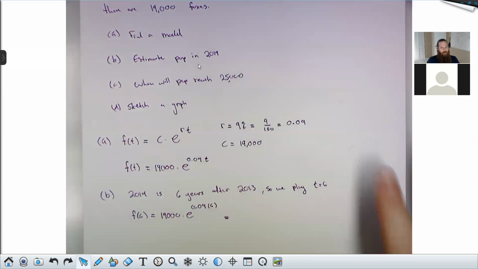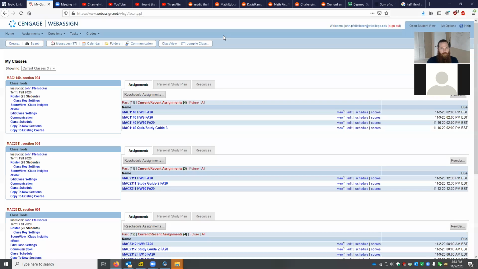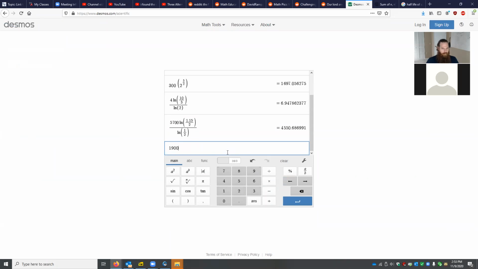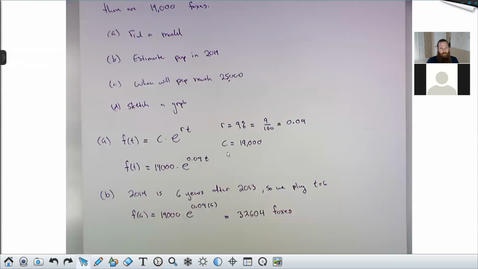And again, here we're going to need to employ a calculator. E is a nasty number to work with by hand if you want 21 decimals. So I ask my calculator, what is 19,000 times e raised to the 0.09 times 6? It's 32,604. So there will be 32,604 foxes in 2019.